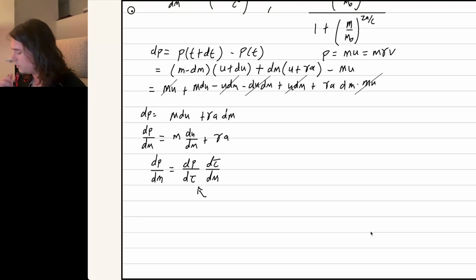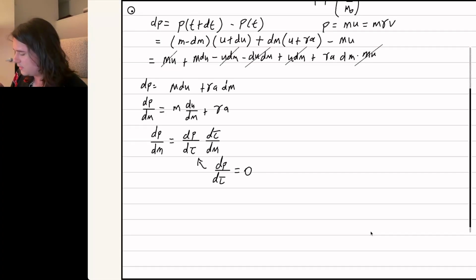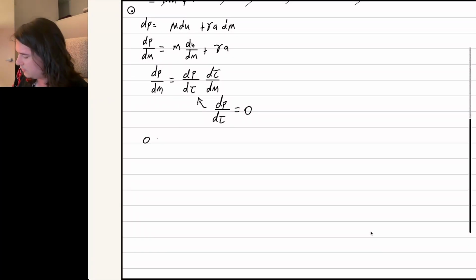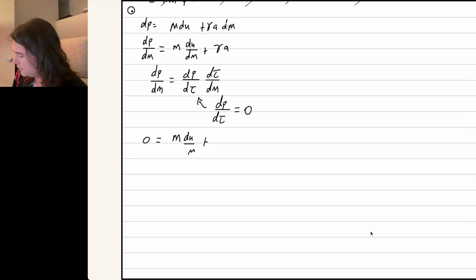Remember, this is a world momentum, and conservation of world momentum is going to imply that dp/dtau is equal to zero. So we have zero on one of the sides of this equation. We have zero equals m du/dm plus gamma a. We almost have it in the right form.